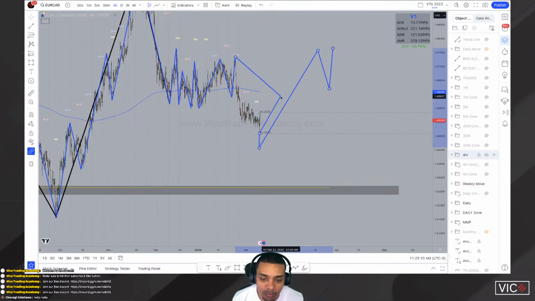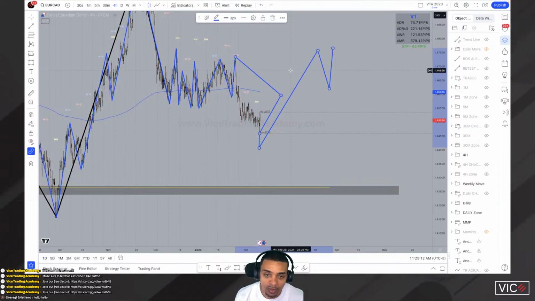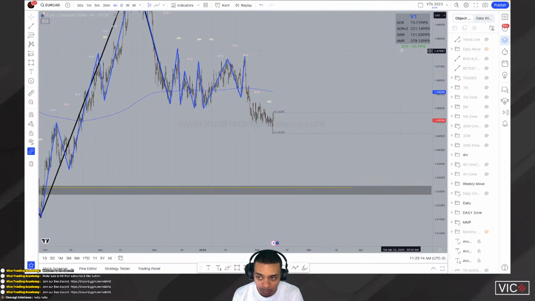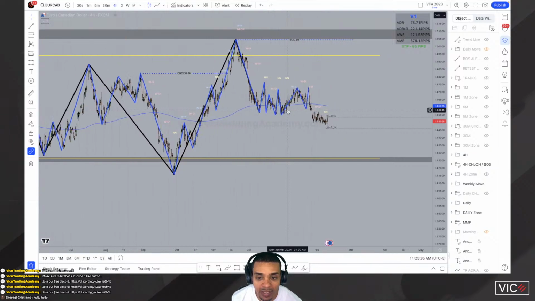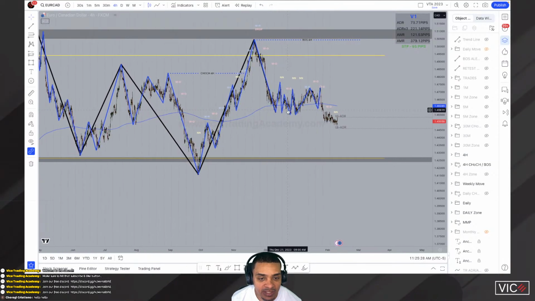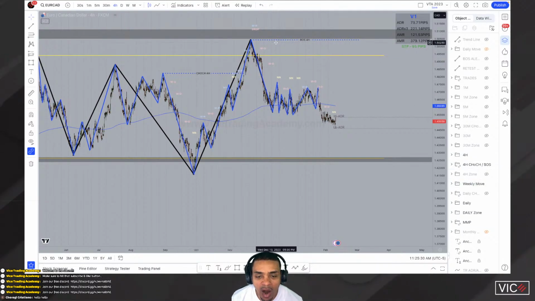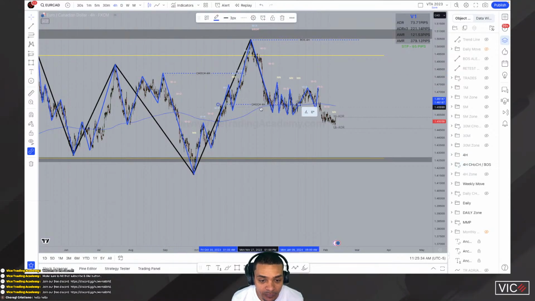We haven't had a real pullback, so I'm not even going to mark that. The run still looks like it's running. Doesn't look like we have a significant pullback. But we do have some form of market structure. So let's take a look. For us to have a change of character, we need price to break out of here.